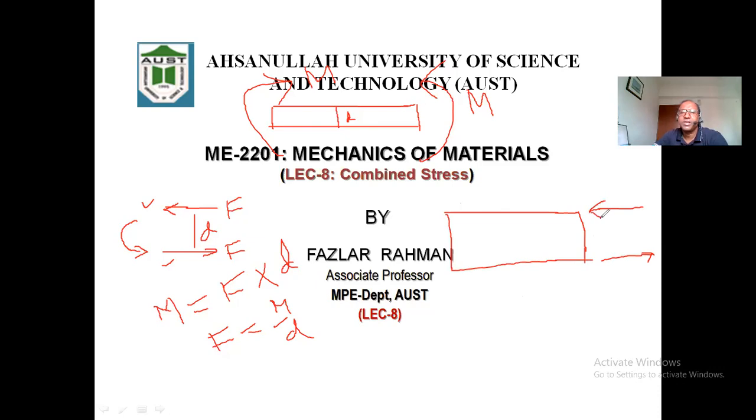Same way, on this side, I can replace this bending moment by two forces. Now what you see? The bottom portion of the beam is under tension and the upper portion of the beam is under compression. The upper tries to squeeze and the bottom one tries to pull, tension.